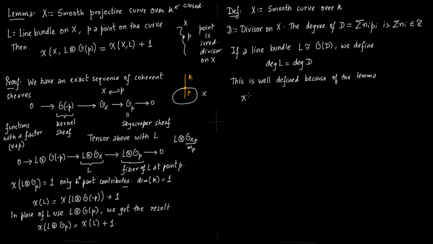In the lemma we were talking about a single point P. Now we add up for all the points in the line bundle, and this is what we will get. This will keep adding up until you get all the Ni.